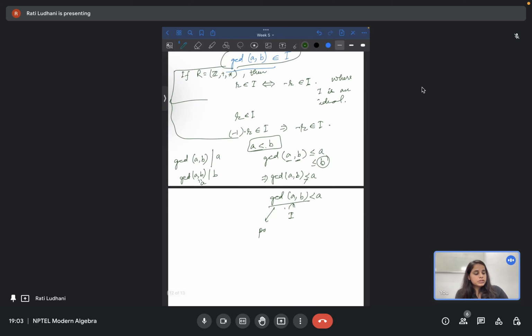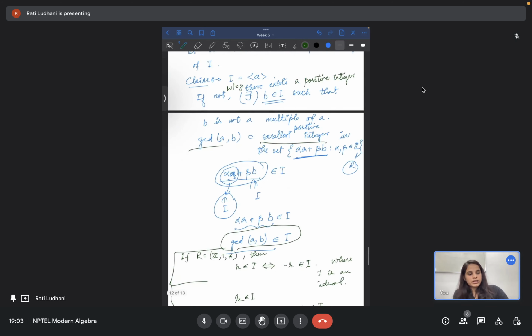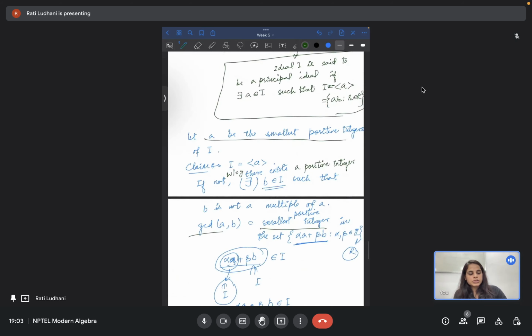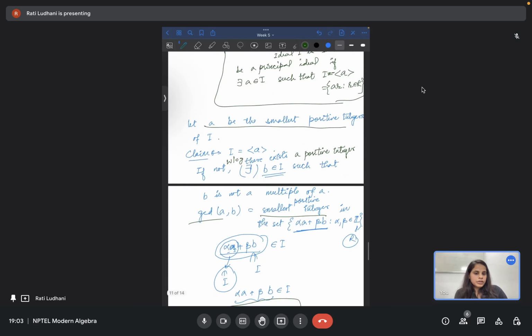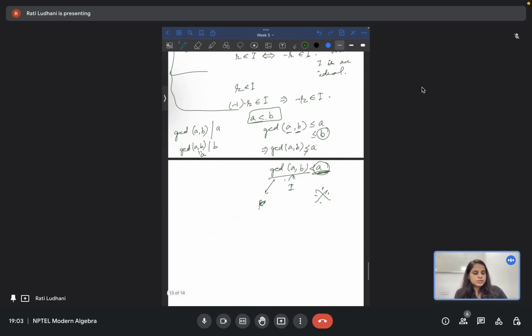You have some smaller positive integer than A which is in I, which is a contradiction to what you picked A as. A was the smallest positive integer to begin with, right? So this is not true. Is that okay? Yes. Okay, very good.